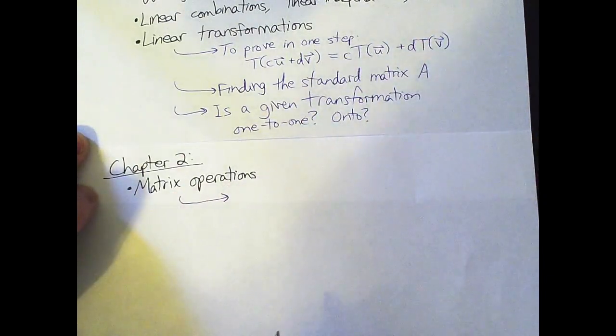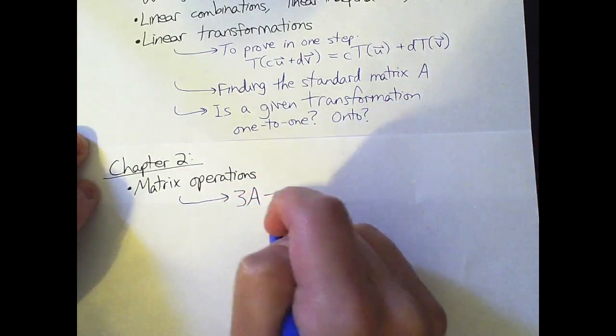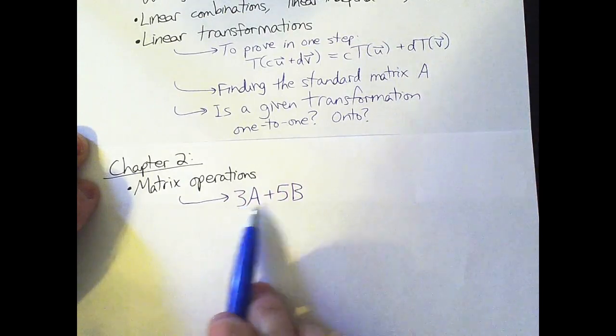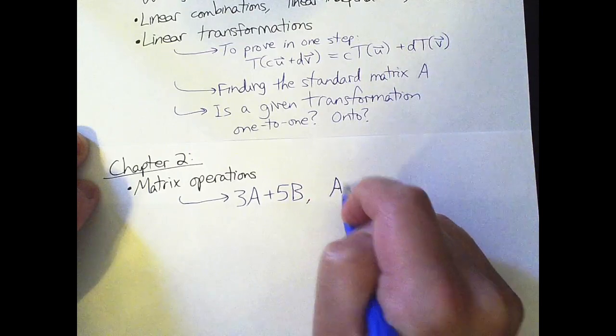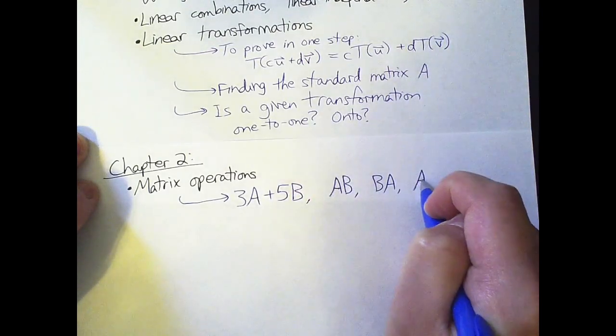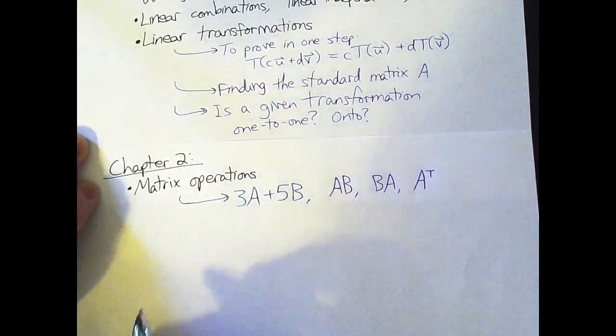What if I gave you a matrix A and a matrix B, and I asked you to find 3A plus 5B? That's scalar multiplication and adding matrices. You could do A times B. You could do B times A. You could do A transpose. Those were discussed in that lesson on matrix operations.